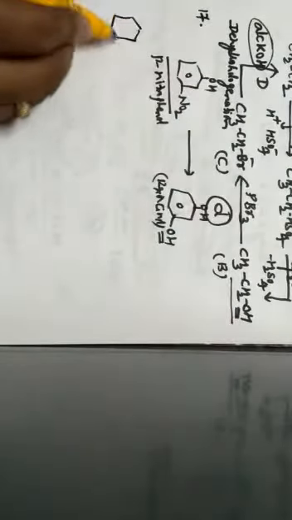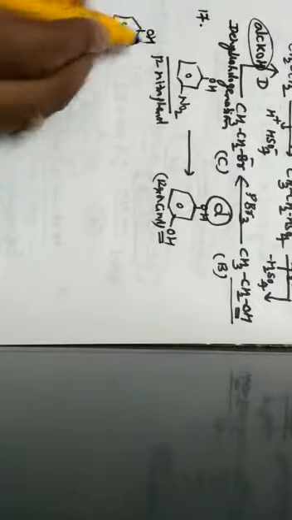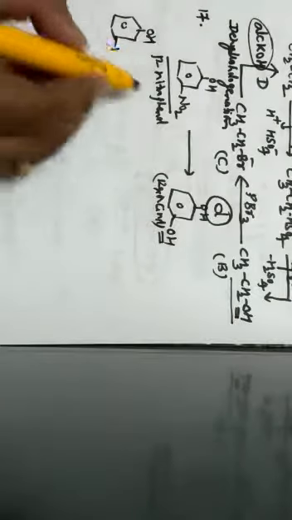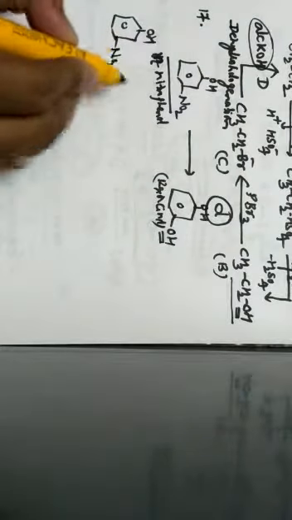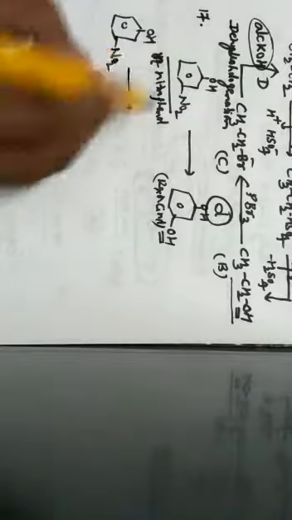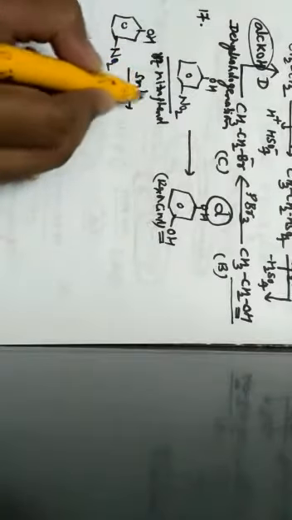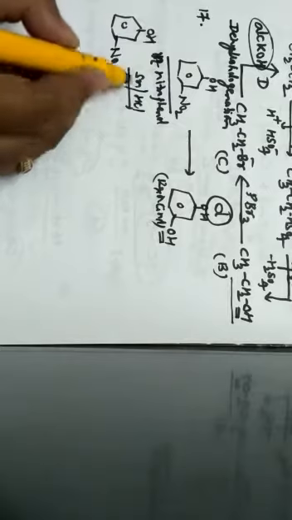So first let us consider this para-nitrophenol. Sorry, it is not para-nitrophenol. They have given it as metanitrophenol. So this is metanitrophenol. Subject metanitrophenol to reduction, in the presence of tin and HCl.